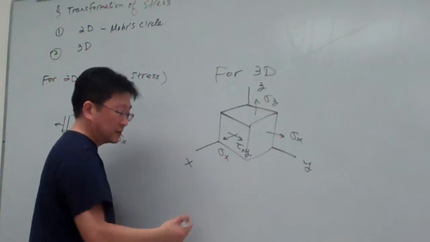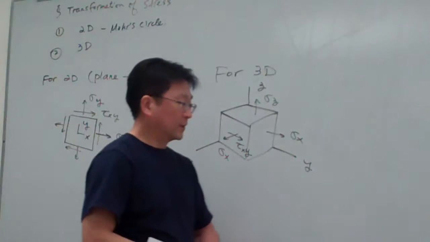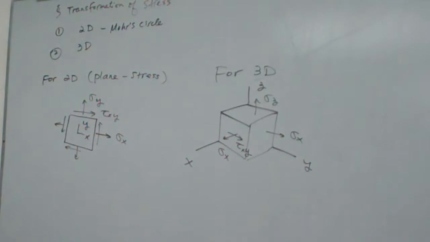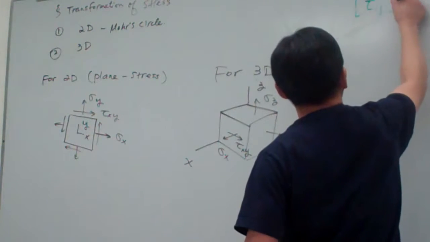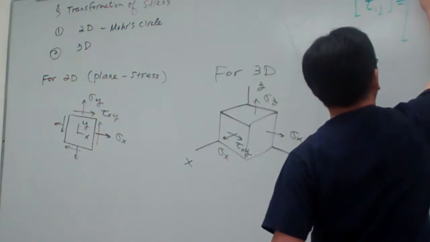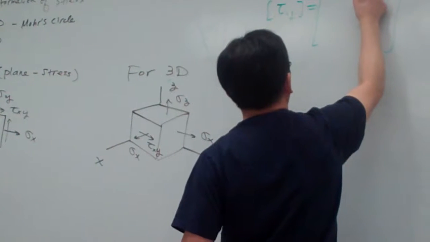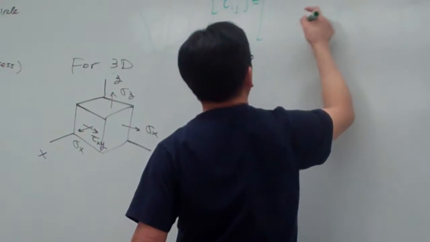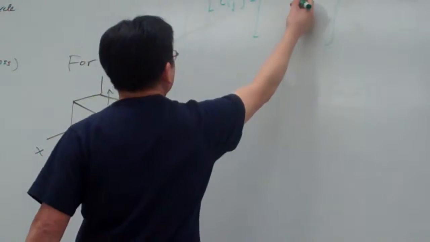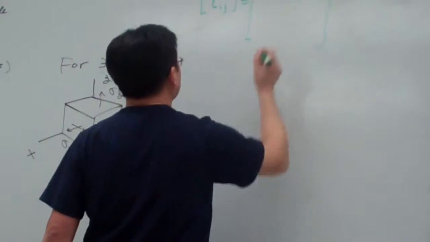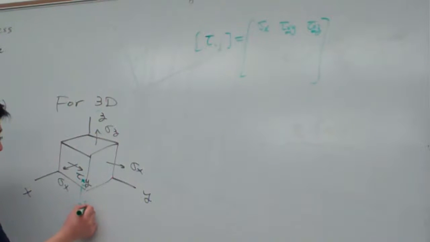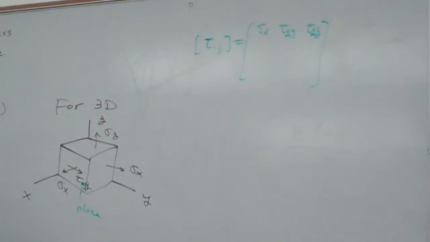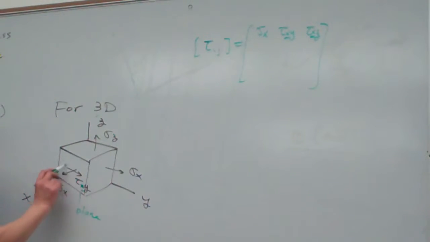And again, for the symbols, in general we describe the stress element in matrix form. So here is sigma x, tau xy, tau xz. The first symbol indicates which plane the stress lies on. So this is called the x-plane.